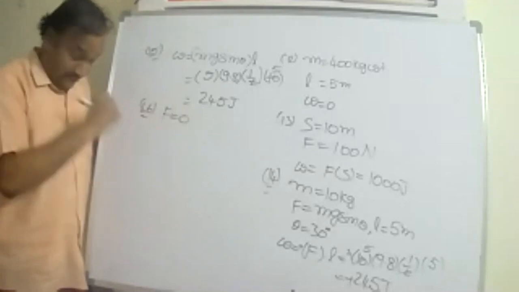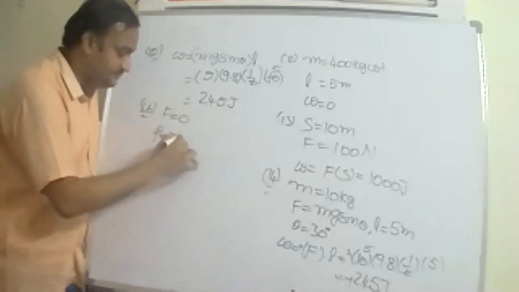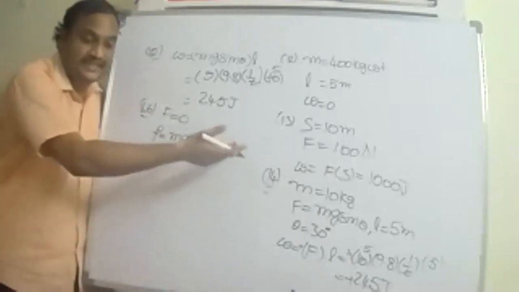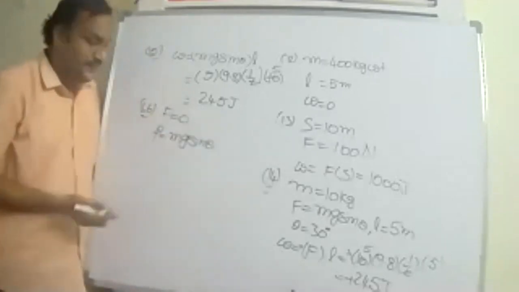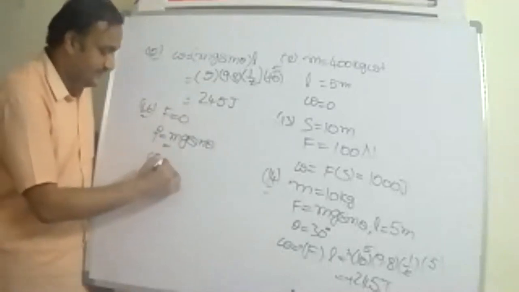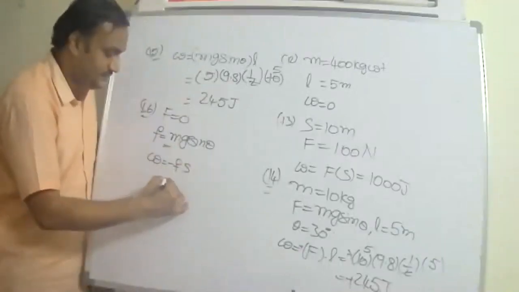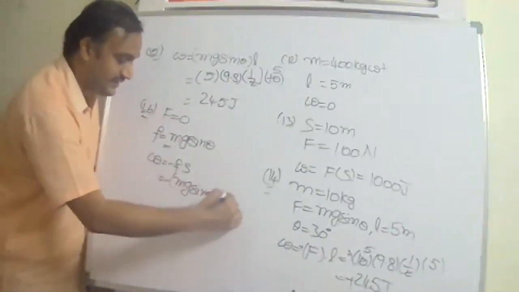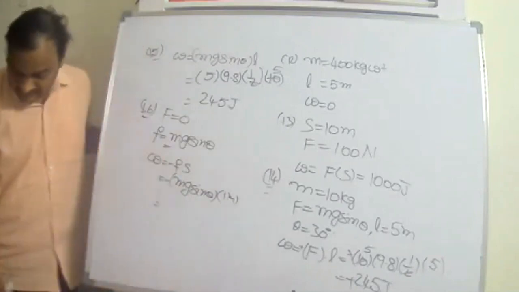That means friction is nothing but mg sin theta, since mg sin theta is equal to mu mg cos theta. So work done is equal to minus f into s, which is minus mg sin theta into s. The distance given is 1 meter. So substitute the values.